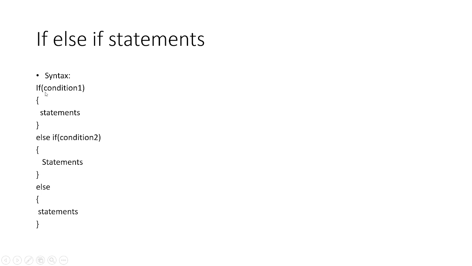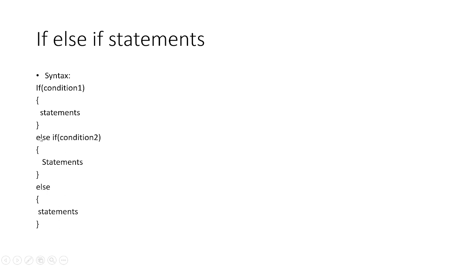In the else part, if this condition is false and you want to verify another condition too, then you can check this condition too. If it is correct, then what statement you want to execute? And if both conditions are false, then what statement do you want to execute? That can be written in the else part.